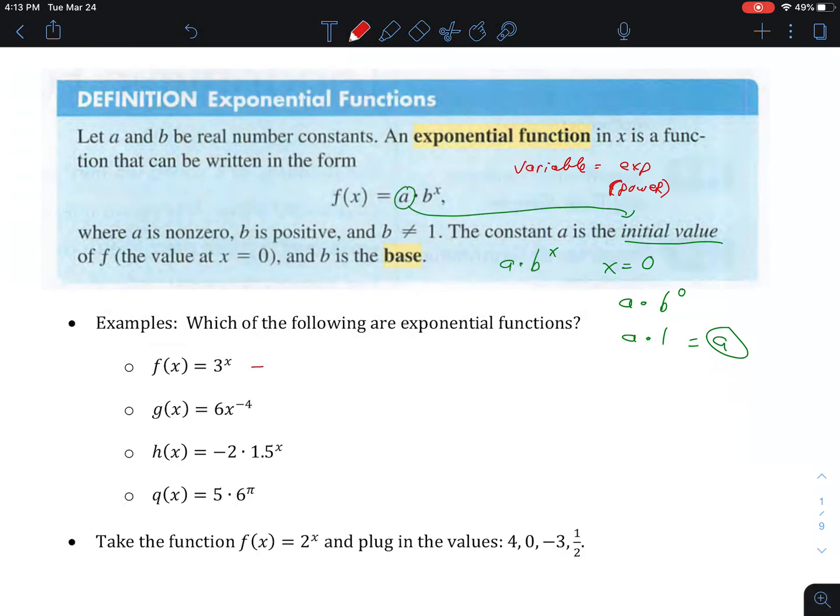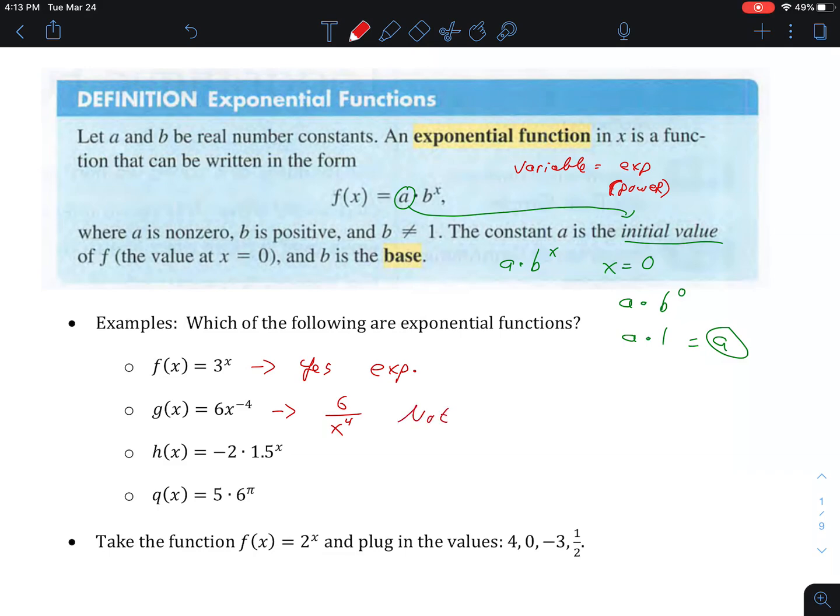Just looking at this, do we know if it is or is not an exponential function? Yes, this is exponential. The base is a constant 3, and the exponent is the variable x. The second one, 6x to the negative 4, would really be 6 over x to the 4th, right?